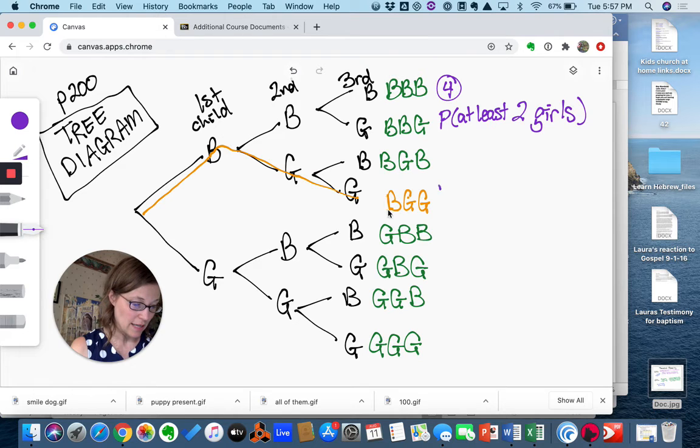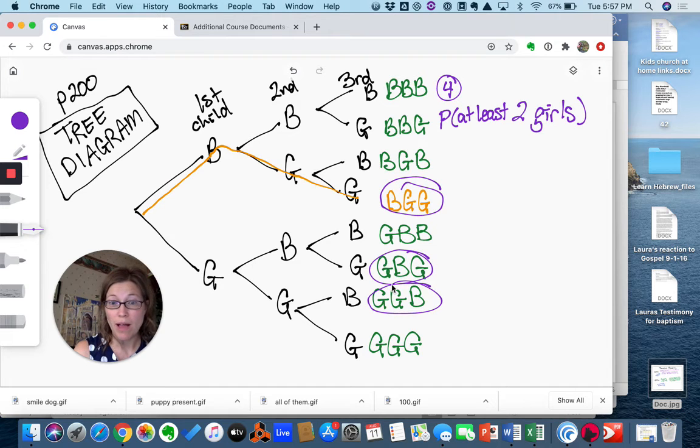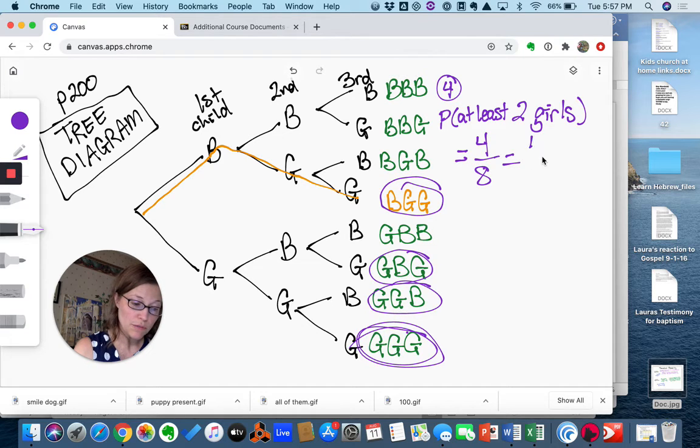So exactly 2 girls, exactly 2 girls, exactly 2 girls, 3, just like before. But at least means that there could be more than 2 girls as well. So also this one. So our probability in this case is 4 out of 8. Or if you want to, you could reduce. You could even write it as a decimal, or you could write it as a percent.